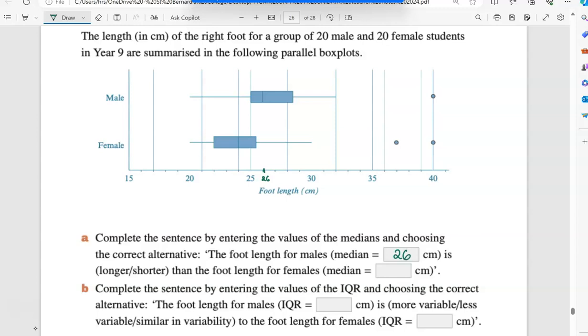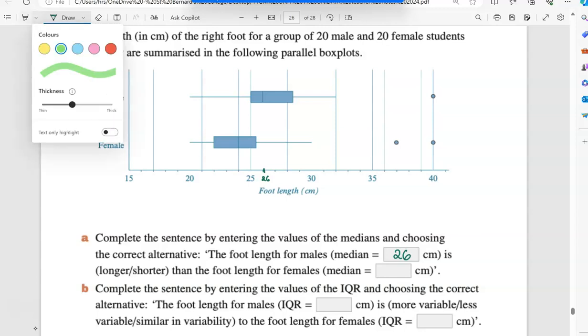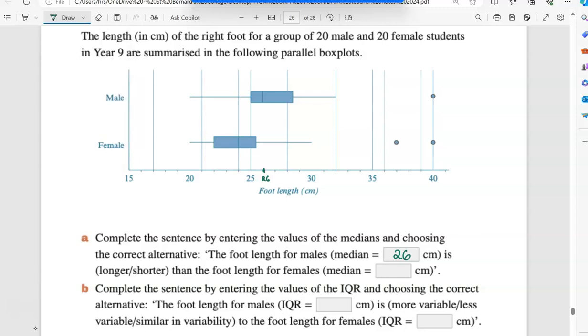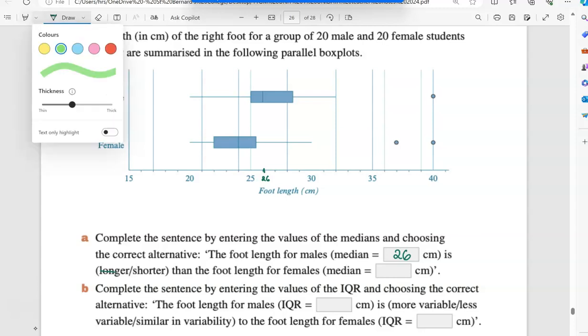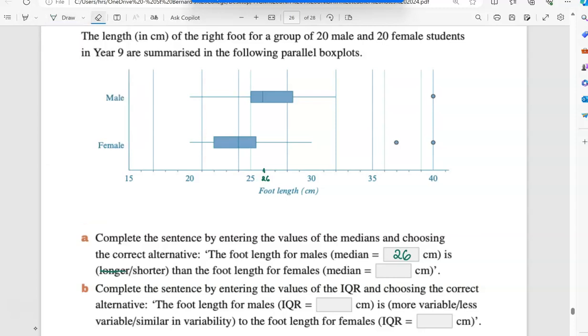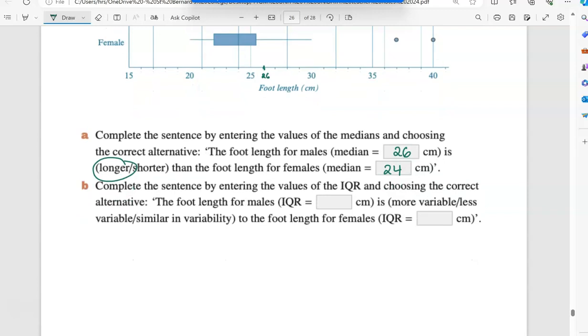Is it longer or shorter than the females? It's pretty much self-explanatory. The males are probably going to have a bigger foot than females, so we circle longer. So the foot length for males with a median of 26 is longer than the foot length of females with a median of 24.